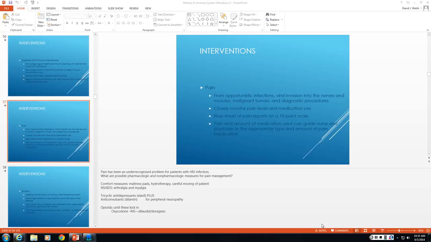You need to check the appropriate amount of pain medication, what works best for the patient. What works best for one patient might not work best for the other. Usually you're going to use opioids in some way. They could use oxycodone, morphine, Dilaudid, Duragesic patches, any of these medications. You just have to find the right amount and the right medication that controls that patient's pain.